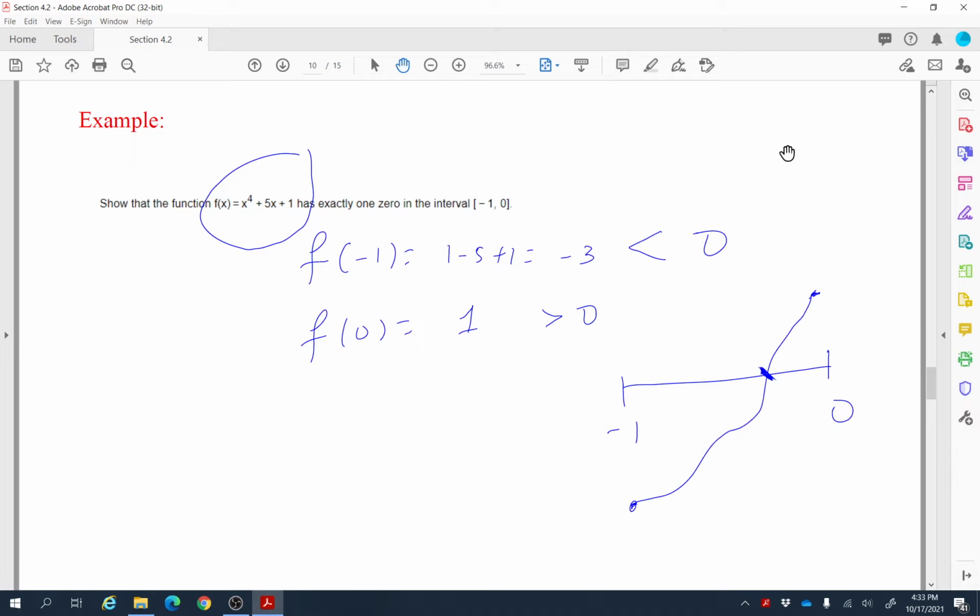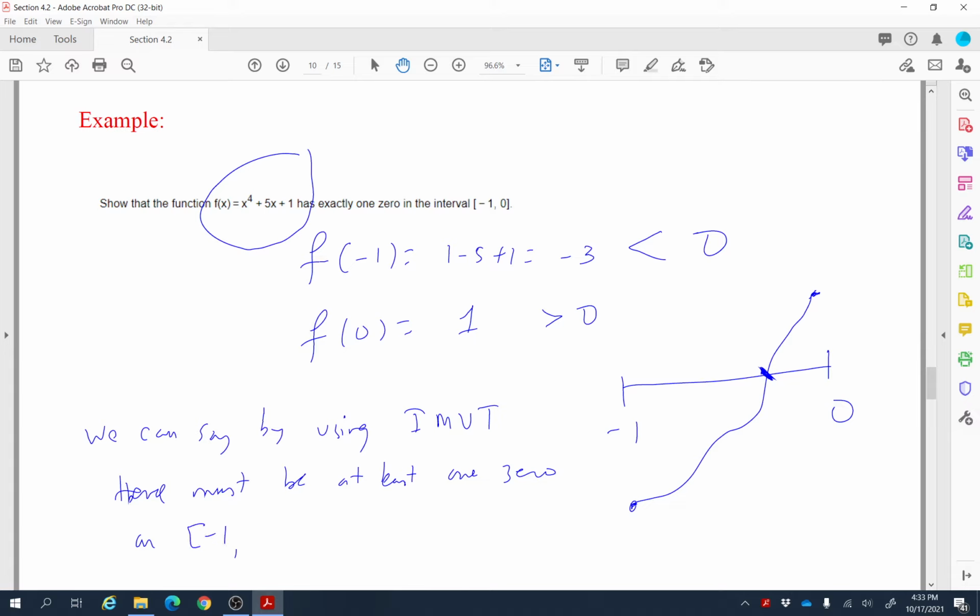So what we do is we start by contradiction. So for example, let's say, if possible, so from here we can say by using the intermediate value theorem, there must be at least 1 zero on -1 to 0.